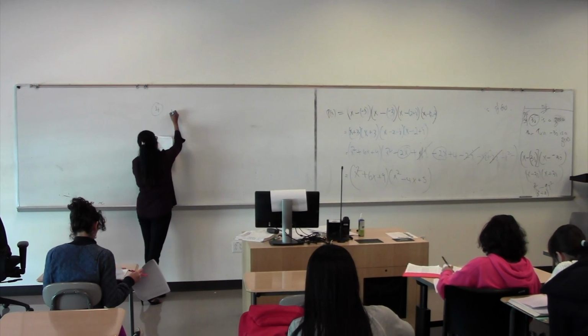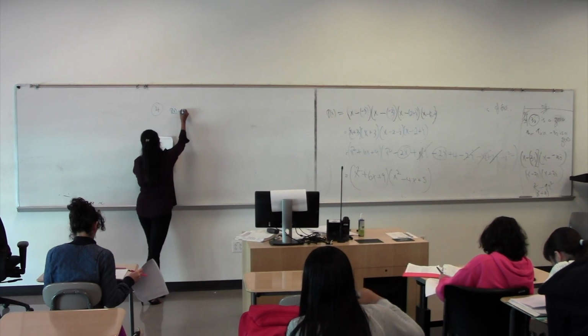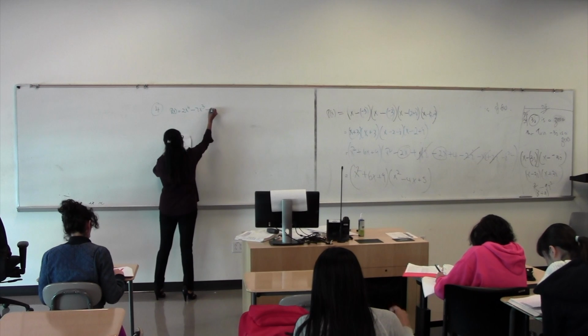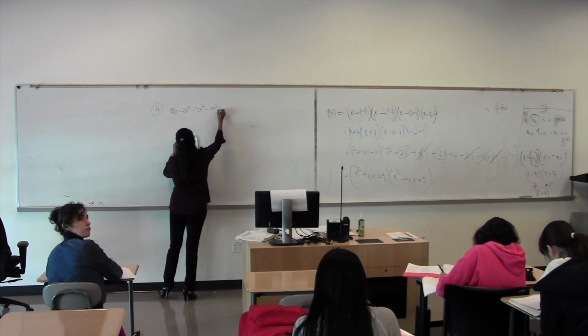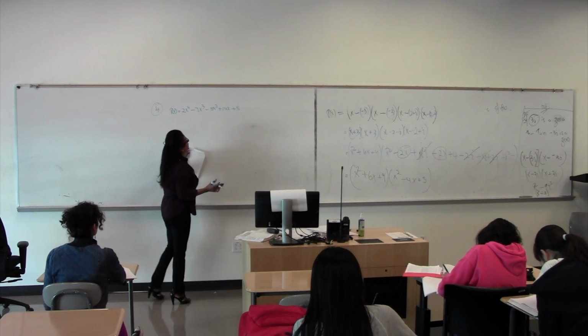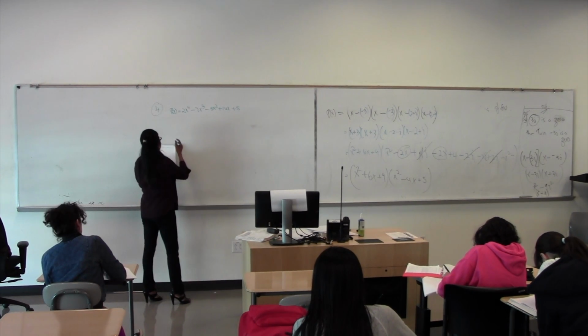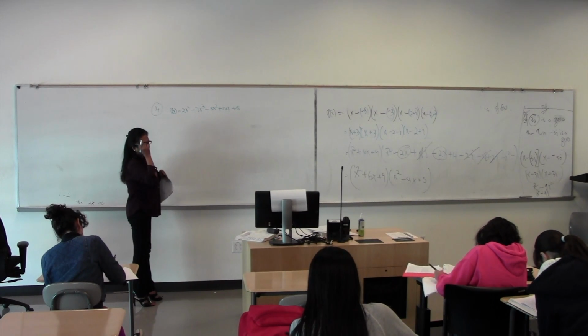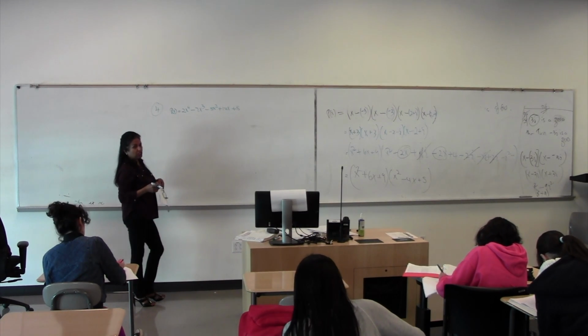So what do you get? P of x is given to us: 2x to the power 4 minus 7x to the power 3 minus 8x squared plus 14x plus 8. So what do we need to do here? Part A is all possible zeros. How will you find all possible zeros? By the rational root theorem.